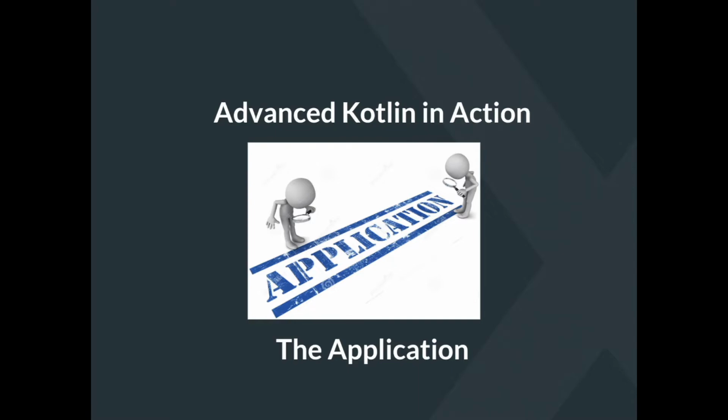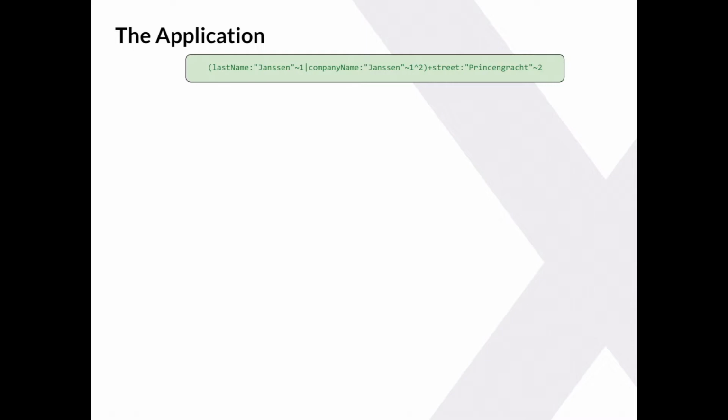Well, let's take a look. The application I've written is not a very traditional application. It's some sort of API that exposes a query language to customers. The customer I'm working with has your data.